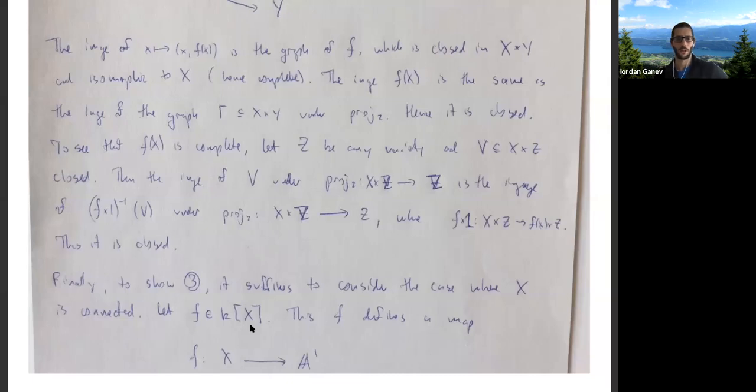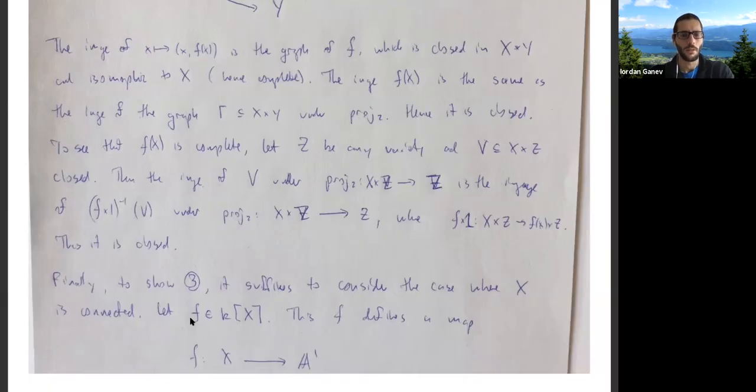The third part claims that any variety that's both affine and complete is just a finite set of points. So let's assume x is complete and affine. It's enough to consider the case when x is also connected.